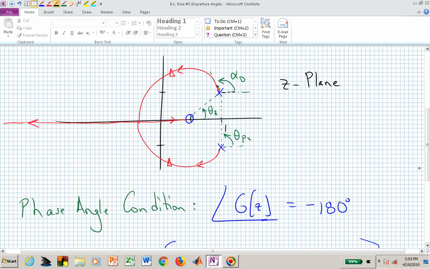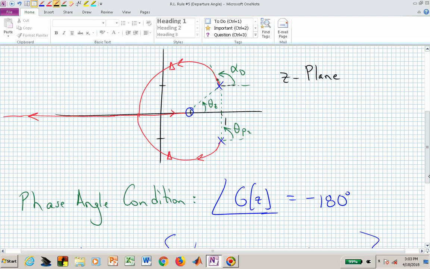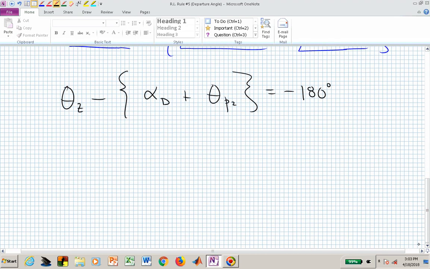By inspection of this particular plot, it's pretty easy because the poles are at 1 plus and minus j1/2, and the zero is at 1/2. So this theta sub z, if it was drawn accurately, would have an opposite side of 1/2 in length and an adjacent side of 1/2 in length, or an angle of 45 degrees.